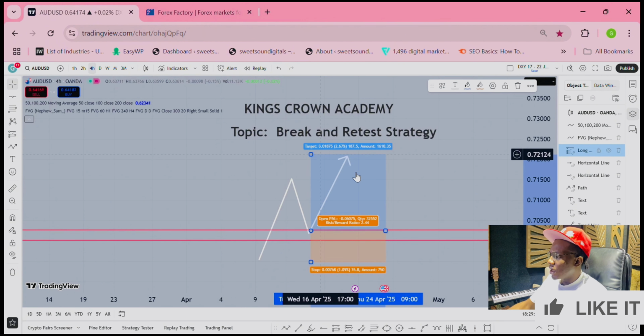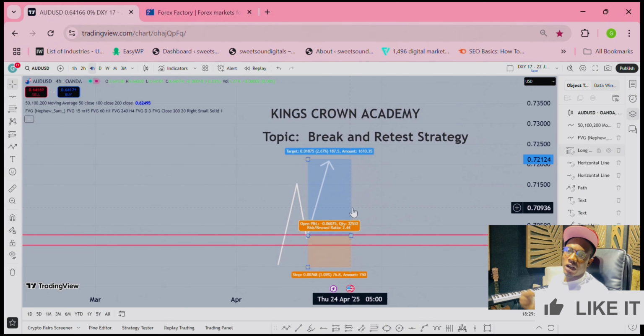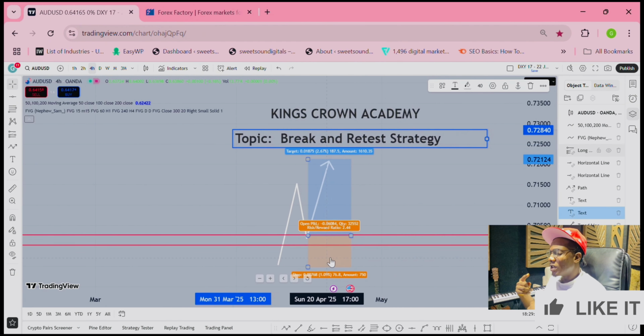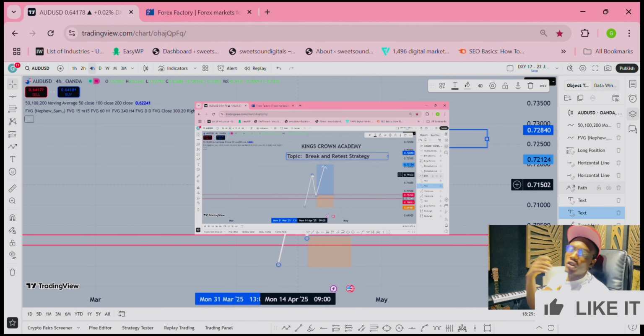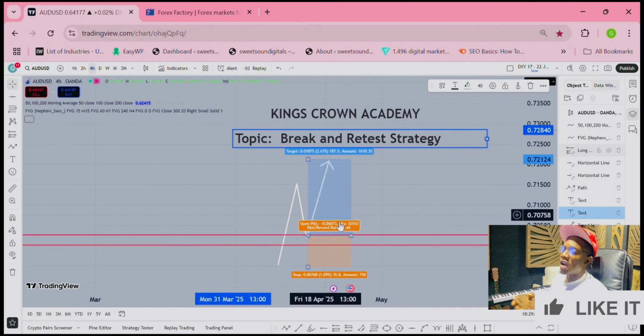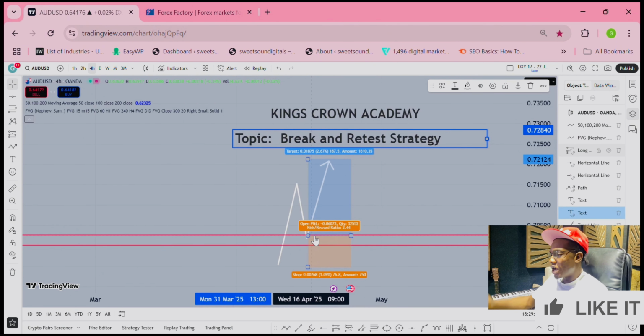Okay, then price comes back. Sometimes price might just fake out, maybe use a wick, and that's where it deceives so many people. And then you rush into the trade, and you have a wider stop loss. So you wait for price to break out, and then it comes back.